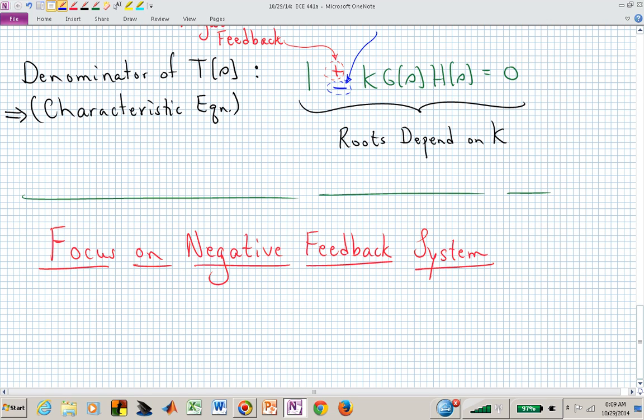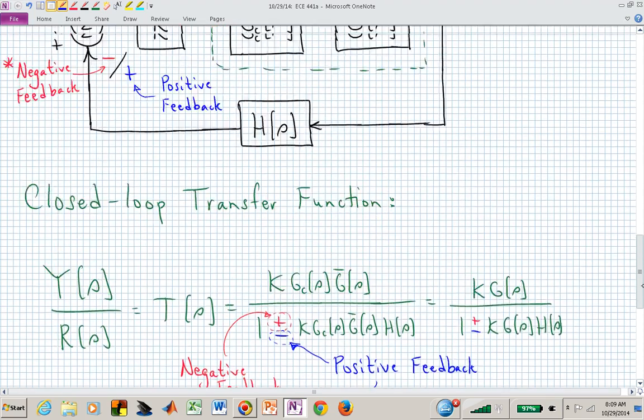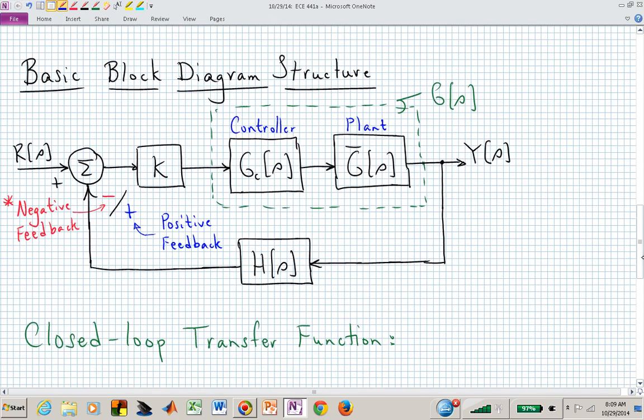Notice what I'm doing in this block diagram. I'm now collecting the plant and the controller together and calling that the forward branch. All of that together, I will typically just say that's my G of S, capital G of S. It may be a mixture of the plant and the controller's poles and zeros, but I'm just going to call that whole mess G.